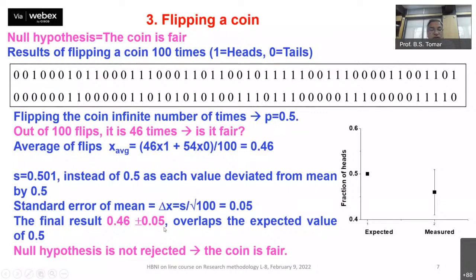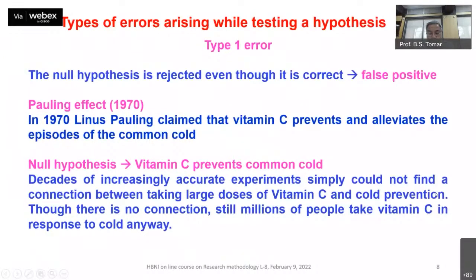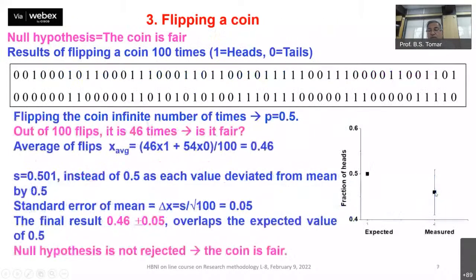Now, statistically, you see here that 0.46 plus 0.05 means 0.51. So this overlaps the expected value of 0.5. You can see here, this is the expected value where there is no error bar shown, and this is the measured value, 0.46 plus minus 0.05. So you see here, this error bar appears to overlap with the expected value.